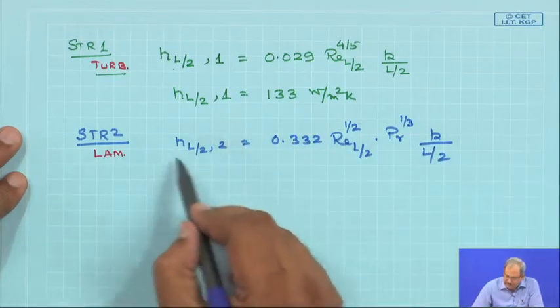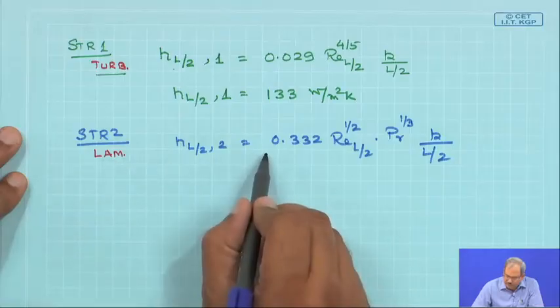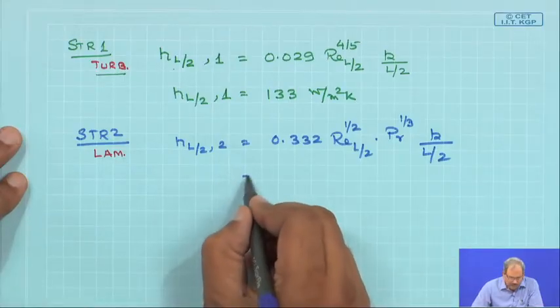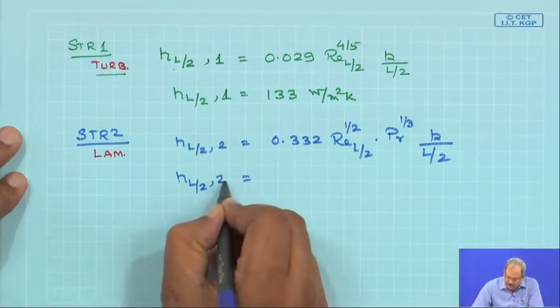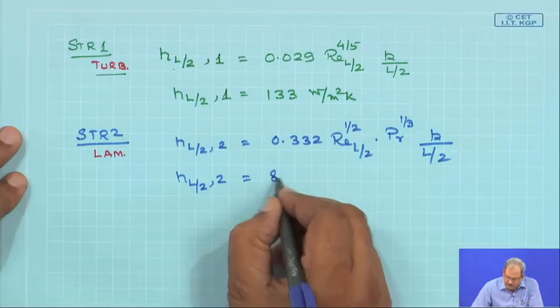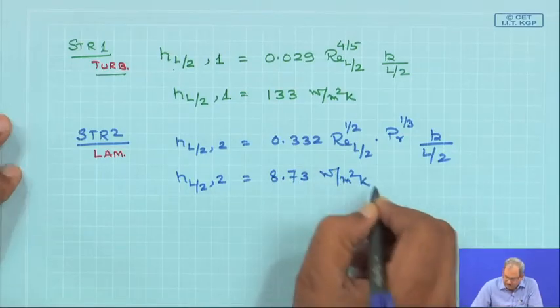This is the relation which we have obtained for laminar flow over a flat plate, and you can find out this value of h at L by 2 for stream 2 to be equal to 8.73 watt per meter square Kelvin.